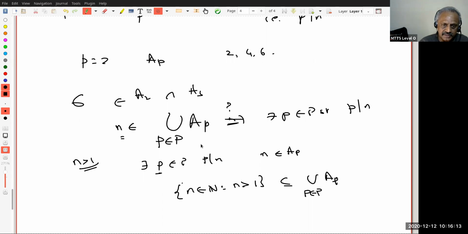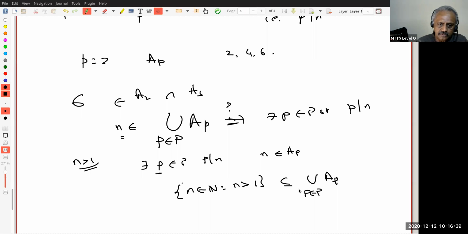Whenever you have this union or intersection, you may have to understand the sets and the properties of the elements. I'm using that. Okay, give me a natural number. When does it belong to the union of AP? That means there is a prime which divides N. Do I know any fact about this from number theory? Yes. The moment you give a natural number N which is greater than 1, there exists at least one prime which divides N. Therefore, my N will belong to AP.